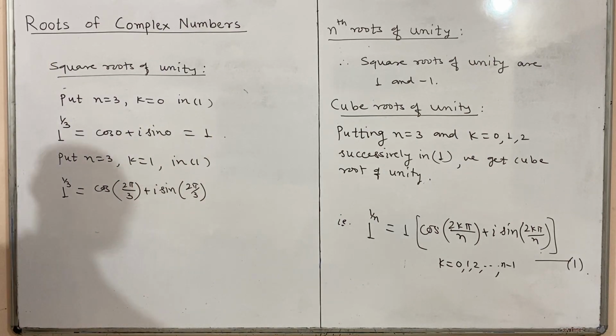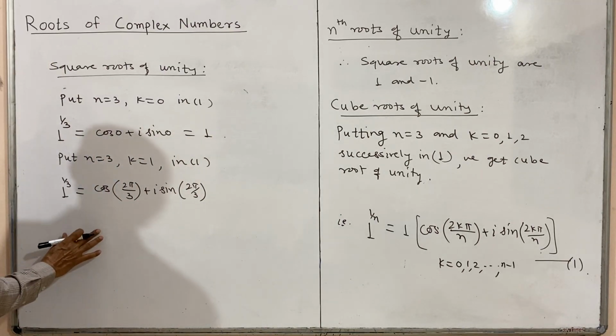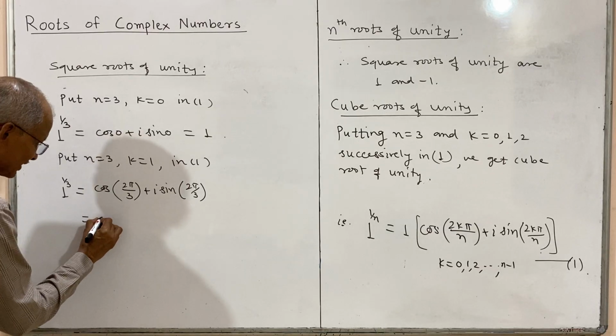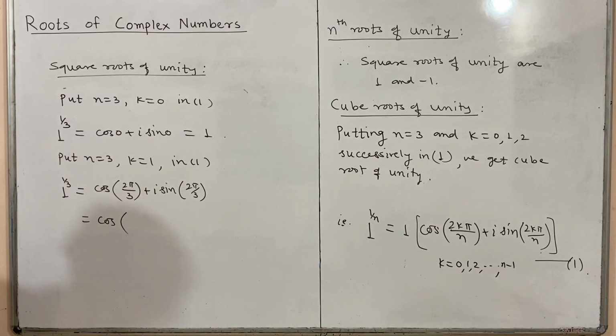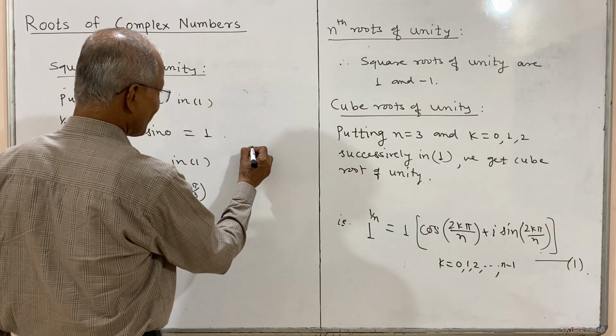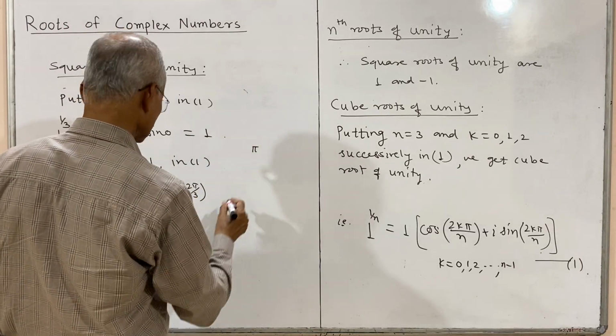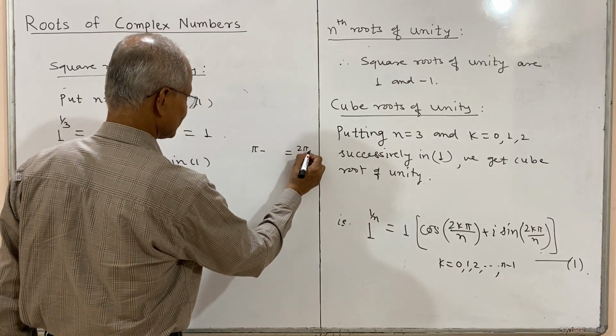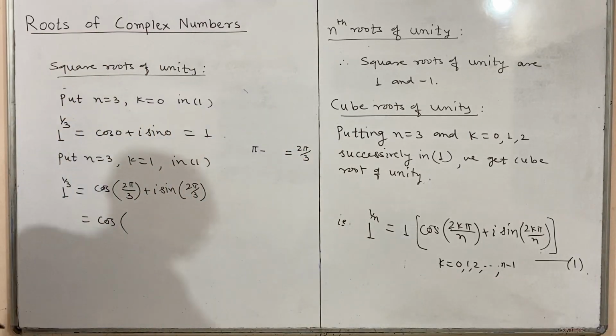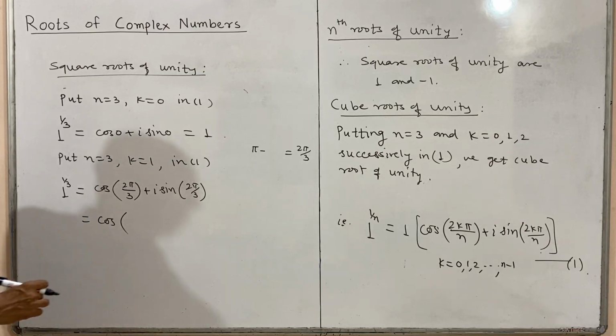And how to obtain cos 2 pi by 3 and sin 2 pi by 3? We shall express this in terms of pi. So we have pi, and this pi minus which angle will give 2 pi by 3, and that will be pi minus 2 pi by 3.